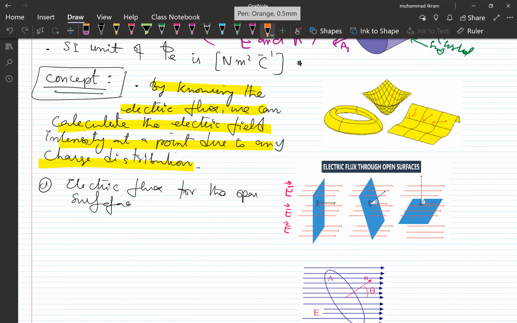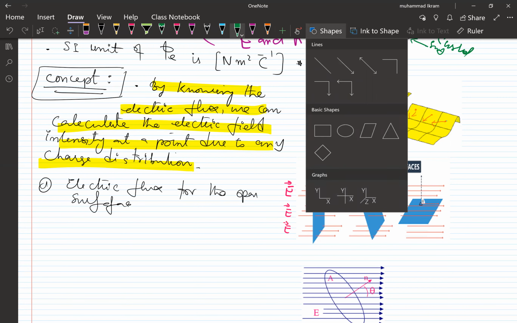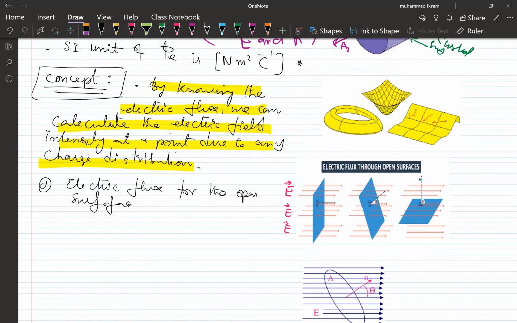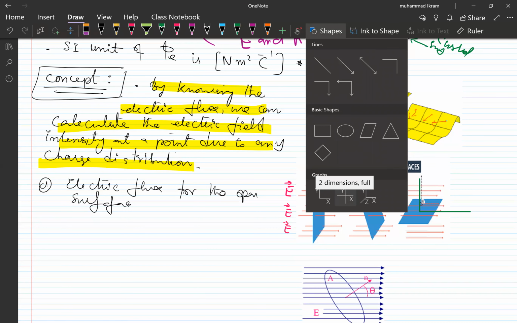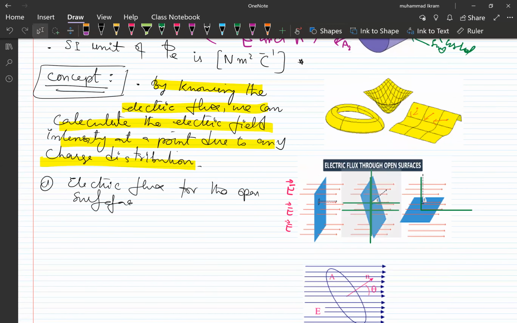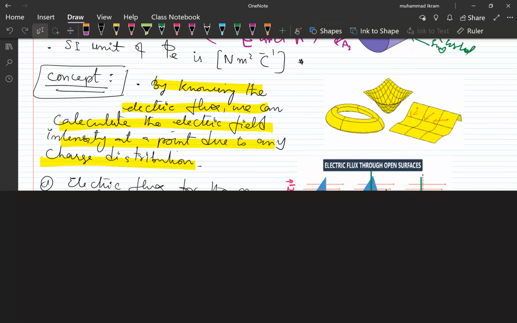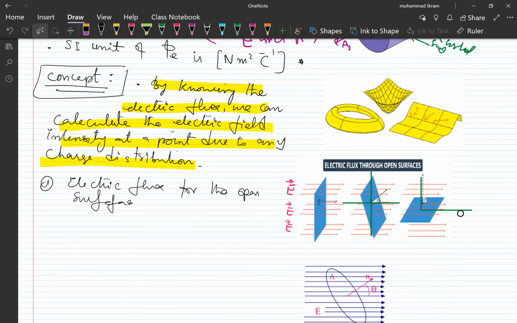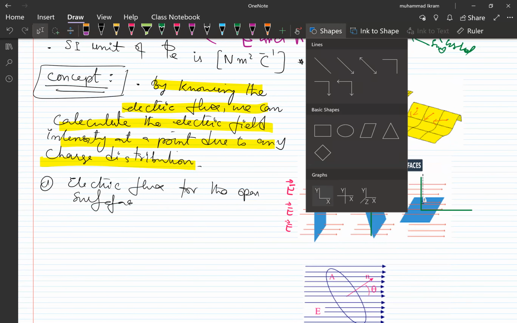Now, if I draw the shapes using the green pen, look, see here, this shape, and let me do this here. And similarly for this one, like this.